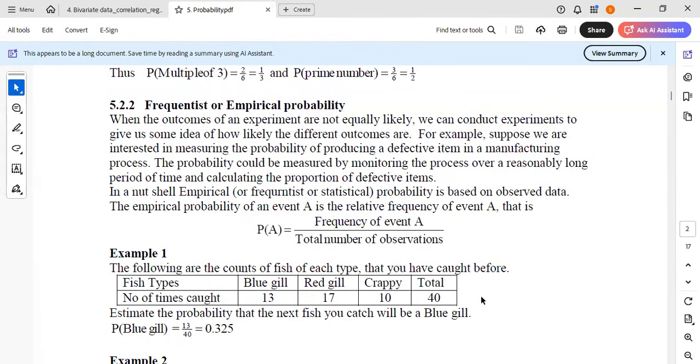And therefore, the total will be 45. Now, the probability of picking a girl will be 20 out of the total, which is 45. The probability of getting a boy will be 25 out of the total 45.